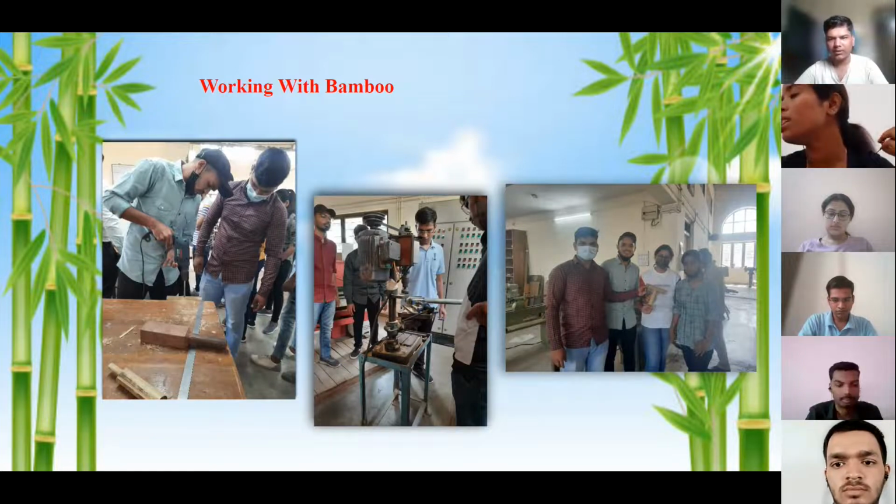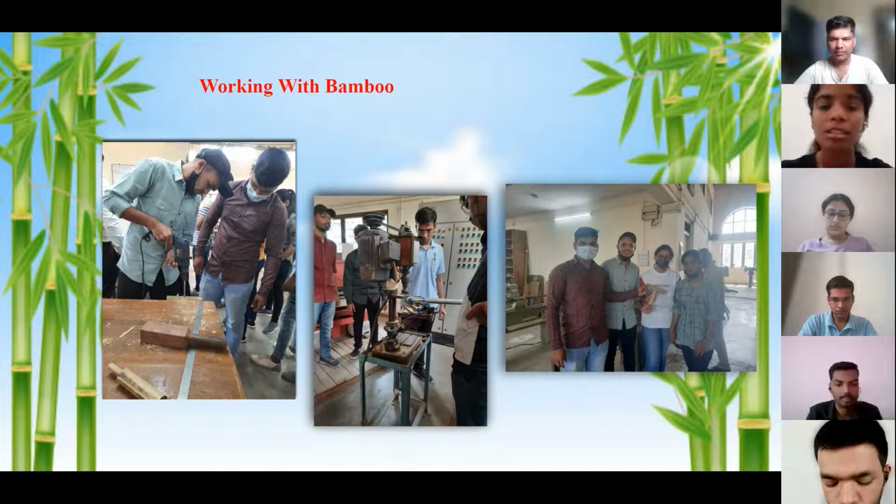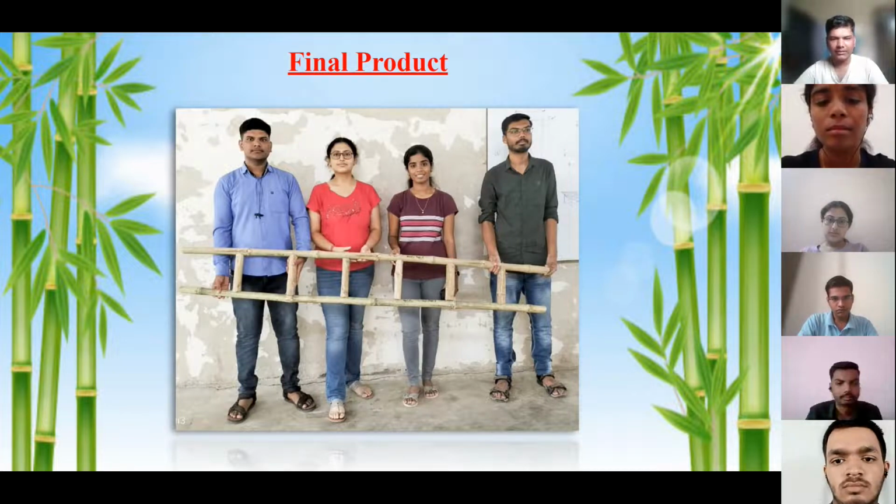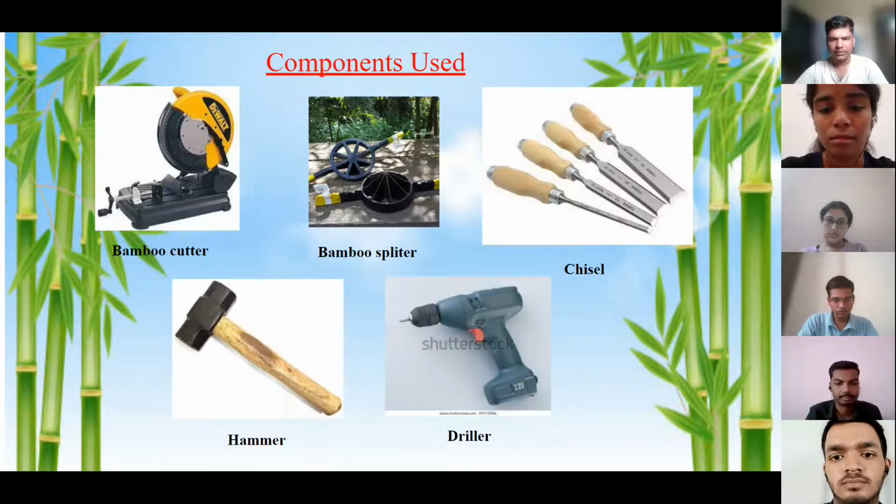Then the third one is our joint testing product for testing the bamboo joint strength. Then this is our final product, the ladder which we made from the bamboo. Then I next hand over to Vivek.